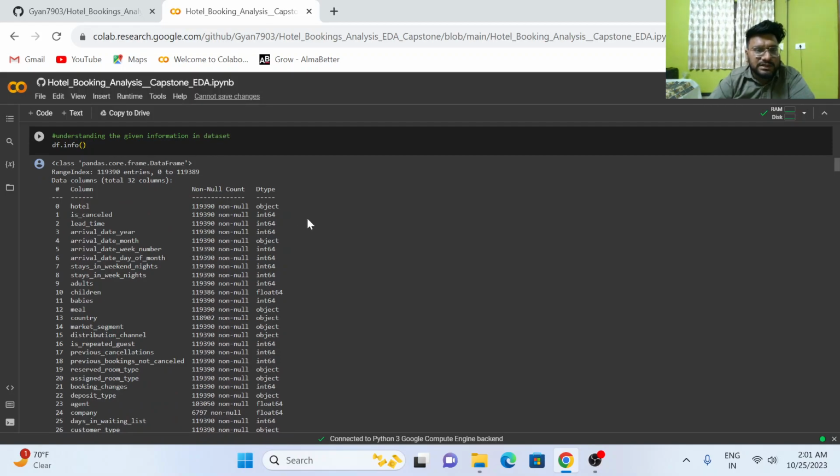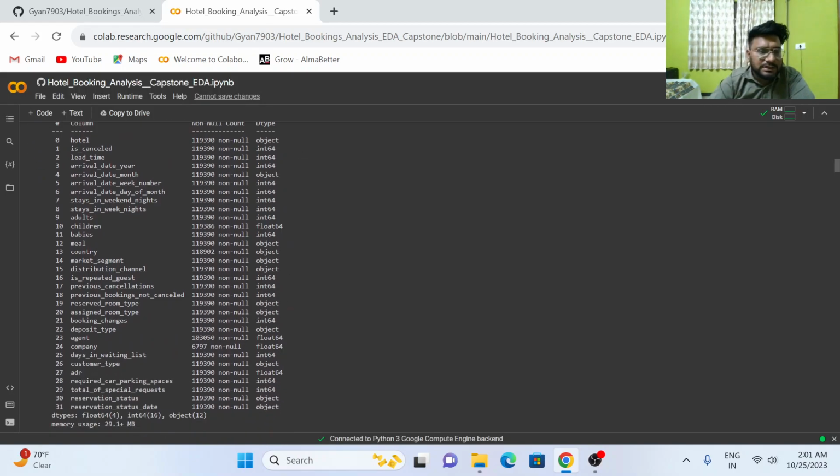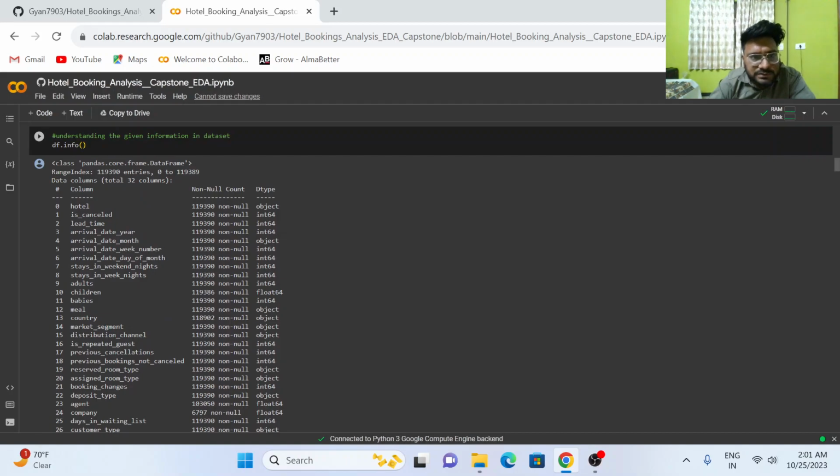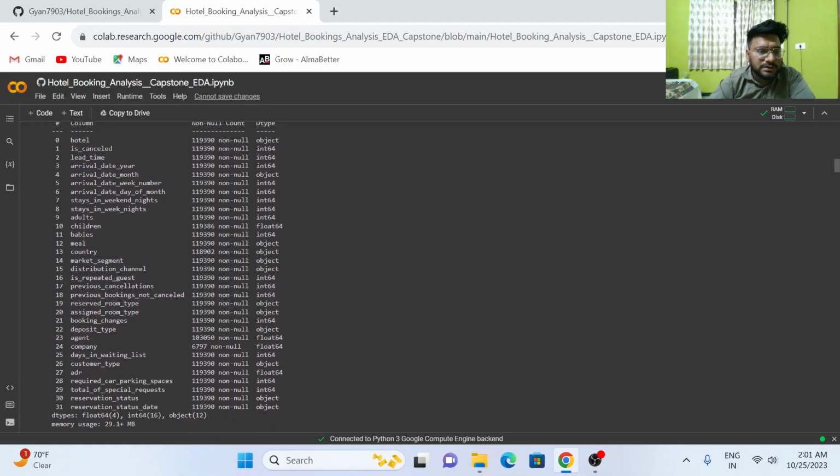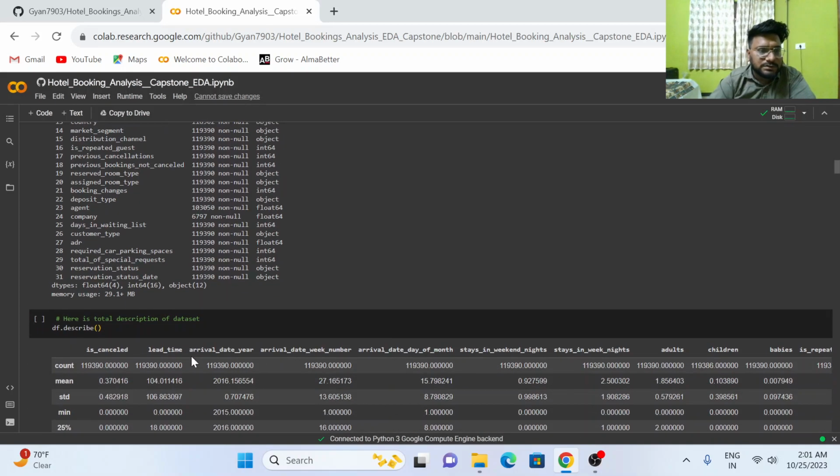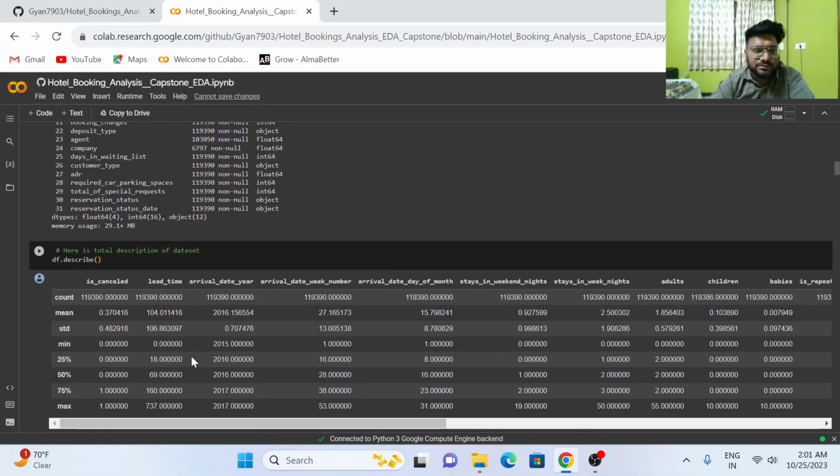As we can see, all the data types of all the columns, and the count of all the non-null values of all the columns. Next will be the description of the dataset. It gives the count, mean, standard deviation, minimum value, the quartiles, or the 25%, 50%, or 75%, and the maximum value for the columns.